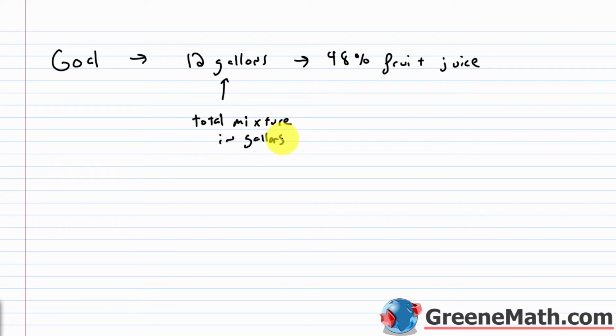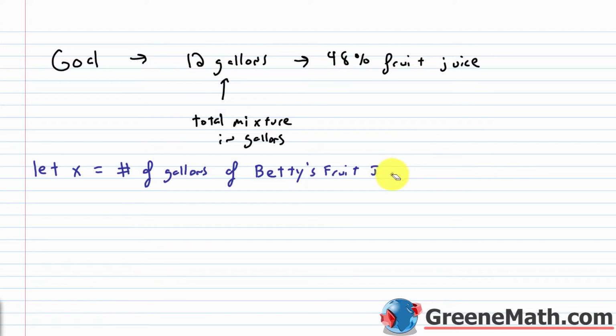So if I let X be equal to the number of gallons of, let's say, Betty's fruit juice used, then what can I say about the amount we're going to use from Calvin's fruit juice?